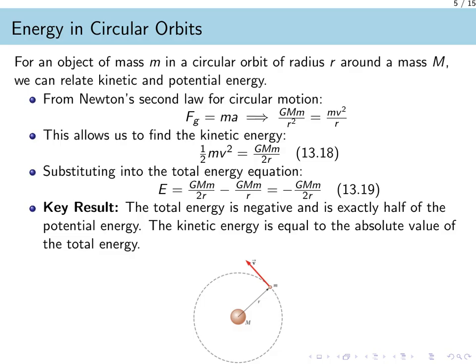The result is that the total energy for a circular orbit is negative GMm/2r. This is a crucial finding. The total energy is negative, which confirms the system is bound. Also, the total energy is exactly 1/2 of the potential energy, and its magnitude is equal to the object's kinetic energy.